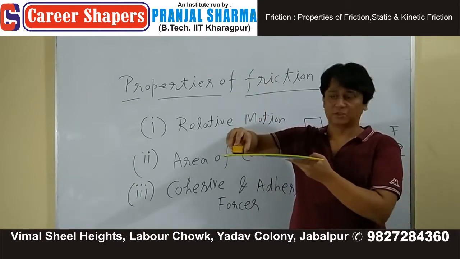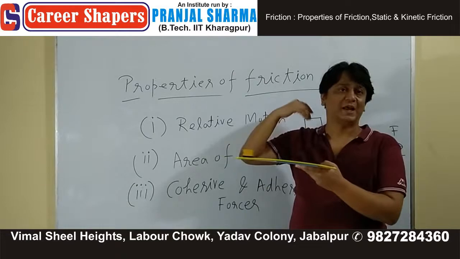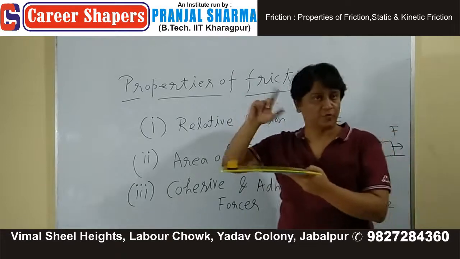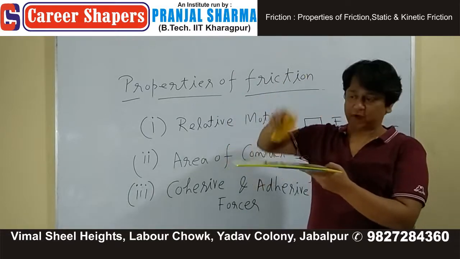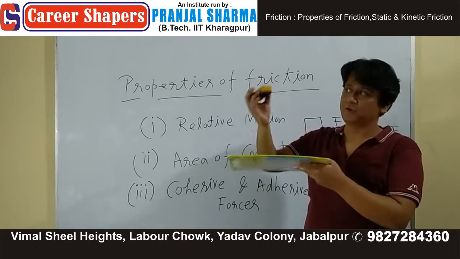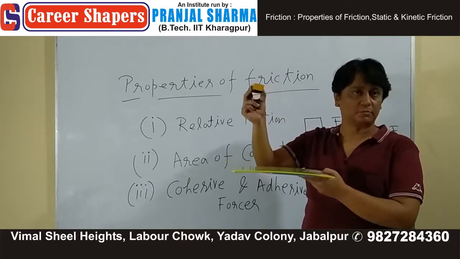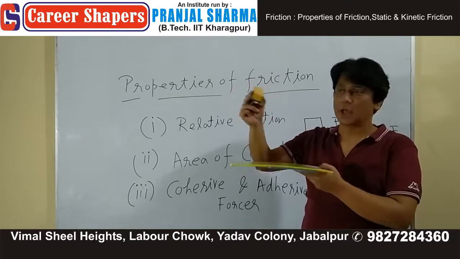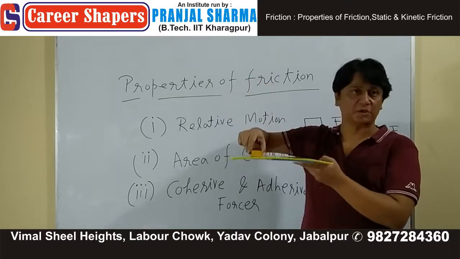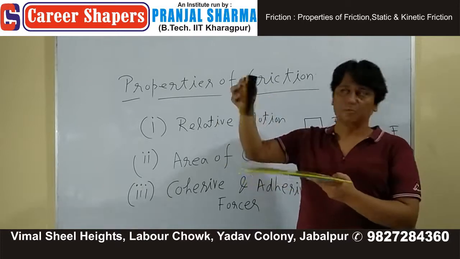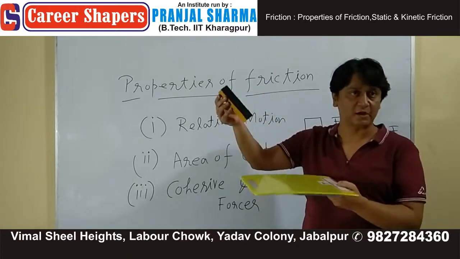When I move it like this, you will experience a different friction. If I move this or if I move this, I hope you can see both are wood, and therefore this part and this part will experience the same, but this side is different.